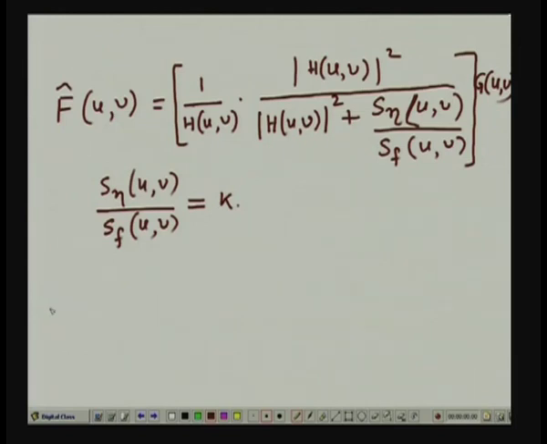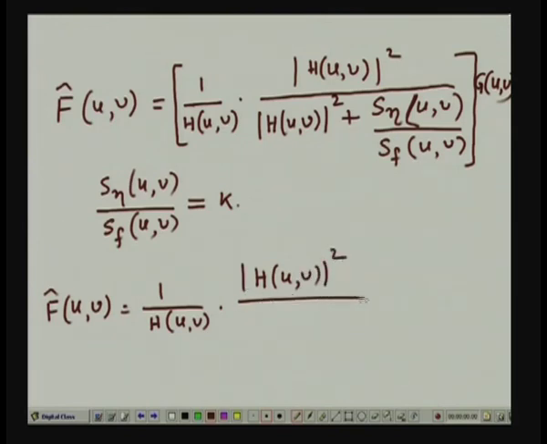So, if I do this, in that case the expression for f hat u v comes out to be 1 upon h u v into h u v square upon h u v square plus k, into g u v.